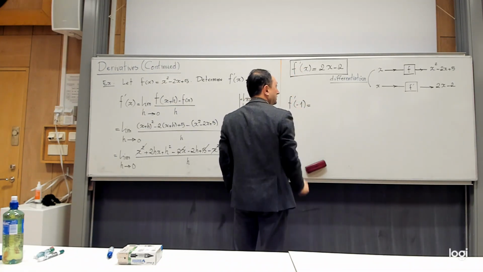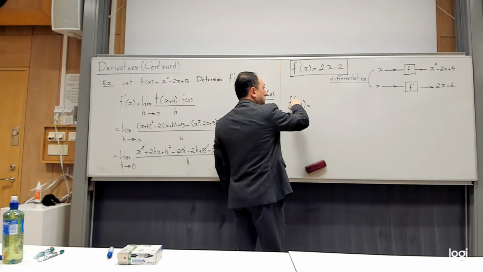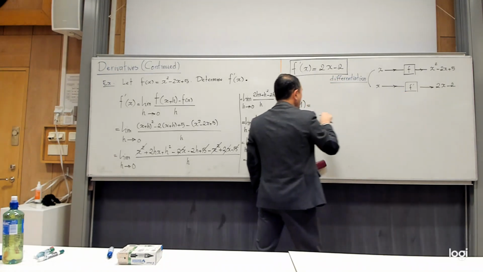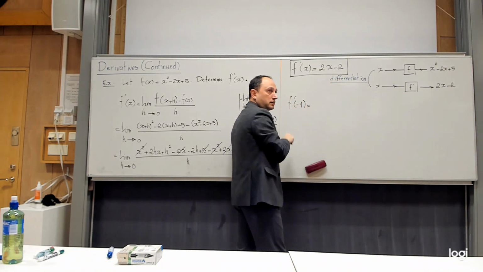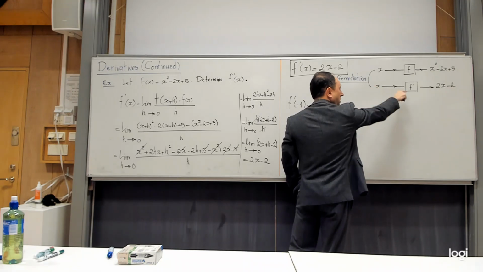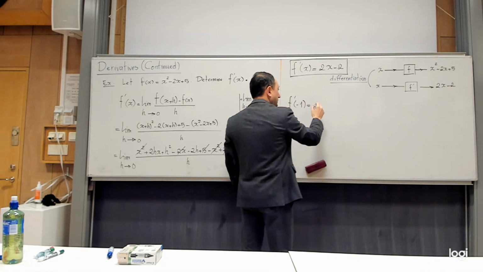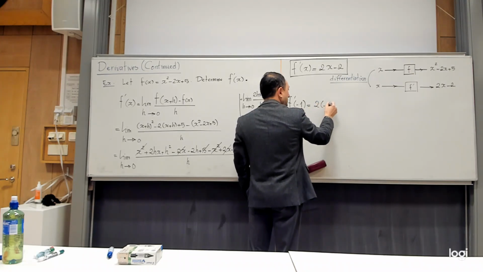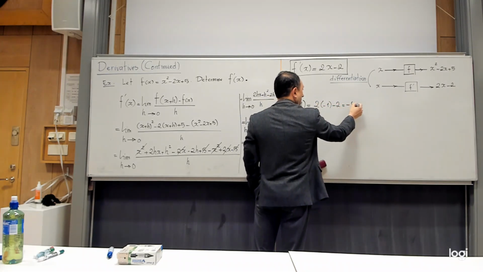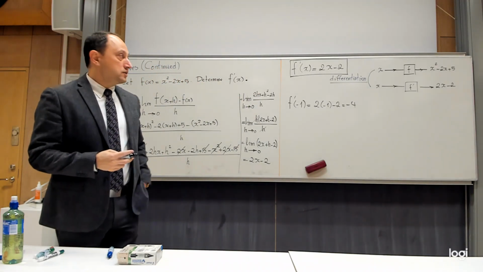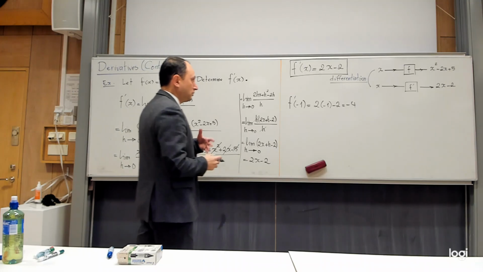What is the answer? It means that you need to go to the f prime operator, the f prime machine. Your input this time is minus 1. So you are sending minus 1 into this machine. So what will be the output? The output will be 2 times your input, minus 2, which is exactly minus 4. Is that clear? It's extremely important from now on, please don't forget this.